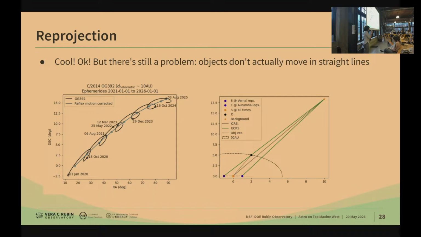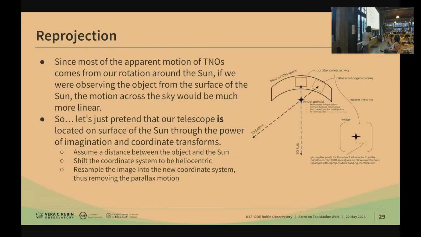So how do we fix that problem? We use the power of imagination and coordinate transforms. If you think about it, if we pretended that our observatory was at the center of the sun and was looking at the object, it would have a much more linear path, allowing us a much easier time finding new objects.